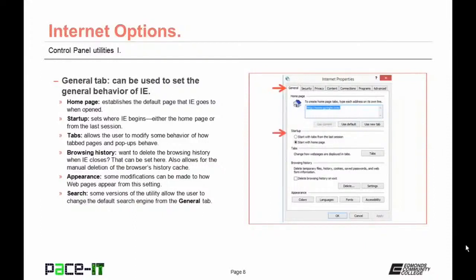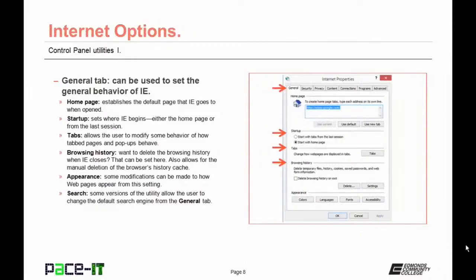From the Startup setting, you get to decide where Internet Explorer begins, either from the home page or from the last session. The Tabs section allows the user to modify some behavior of how tab pages and pop-ups behave. The section on browsing history allows some control over cookies and history.